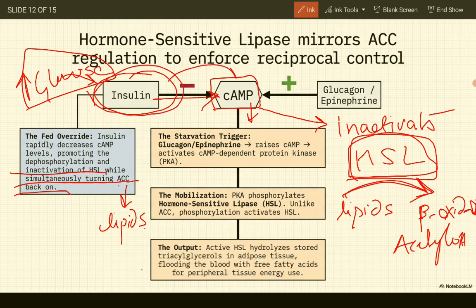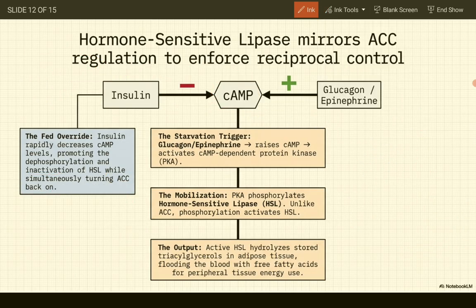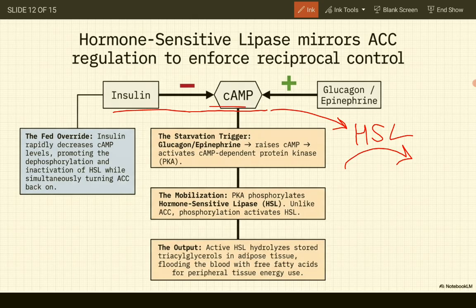So insulin negatively reduces the cyclic AMP molecule, because there is already glucose in the body. There is no need to break down further lipids through hormone sensitive lipase to produce more glucose, right? So this pathway is stopped through insulin.